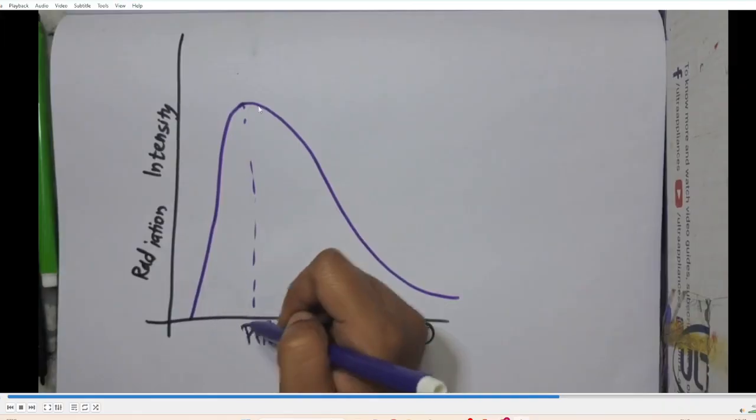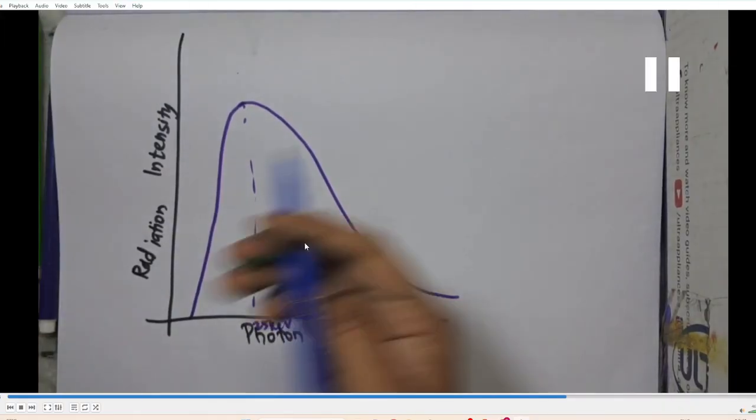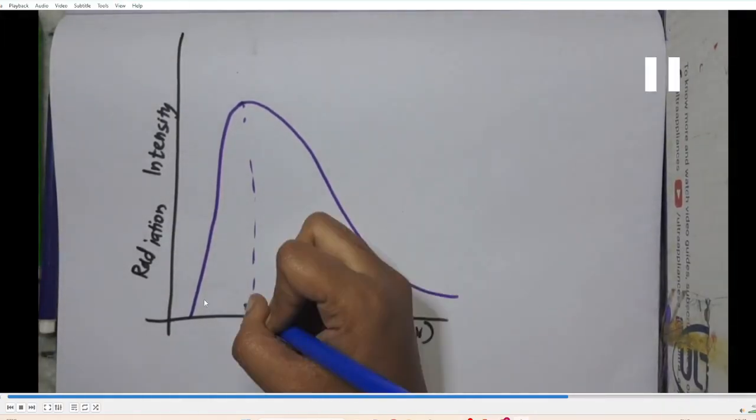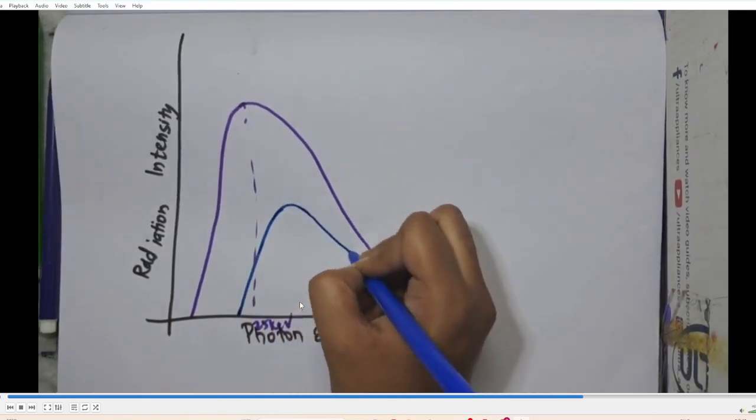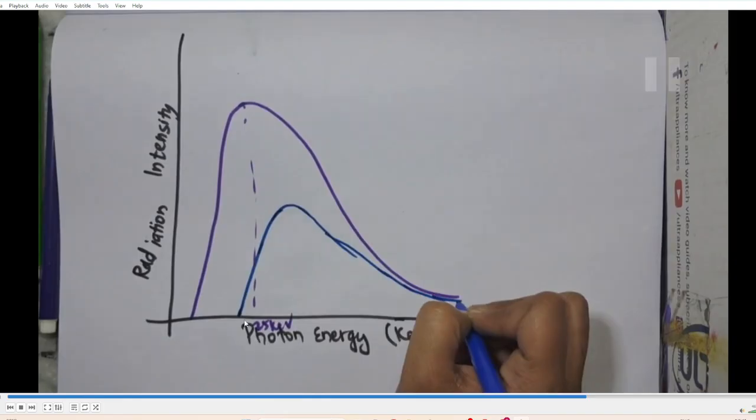This is an unfiltered beam, composed of a spectrum of photons, many of which have energies between 10 to 20 kilo electron volts. The highest point of this curve is 25 kilo electron volts, where the maximum intensity of X-ray photons is present.